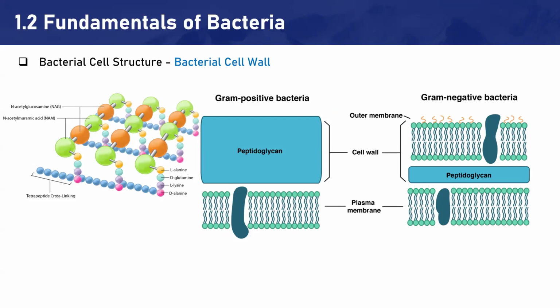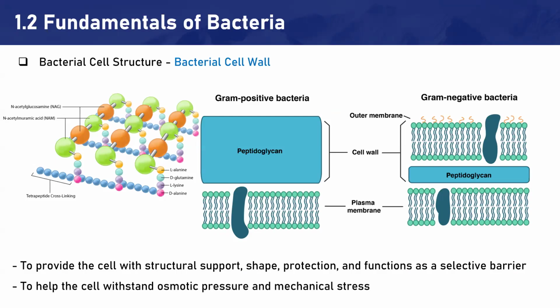So we can differentiate gram-positive and gram-negative bacteria by gram staining. The function of the bacterial cell wall is usually to provide the cell with structural support, shape, protection, and to function as a selective barrier. Moreover, the cell wall helps the cell withstand osmotic pressure and mechanical stress from the culture media.